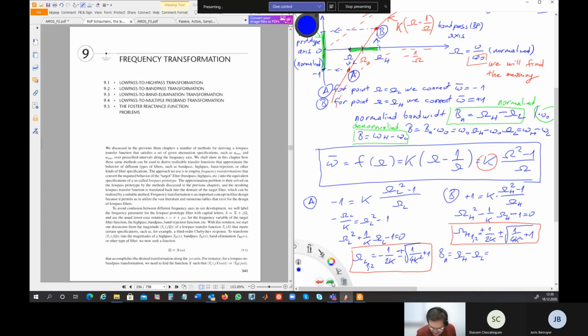And what is left is 1 over 2k minus 1 over 2k is 1 over k.